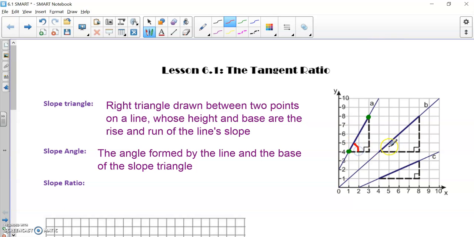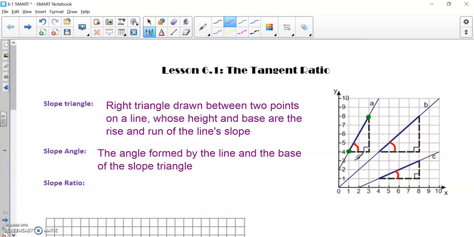This is a slope angle, this is a slope angle, this is a slope angle. Just remember, they're between the line and the base of your slope triangle. It's also worth noticing that the hypotenuse of your triangle is always on the line that we have graphed.